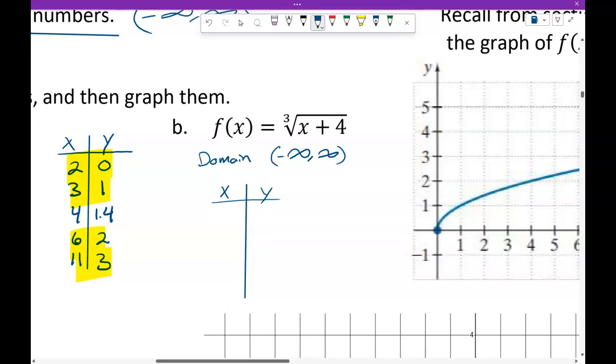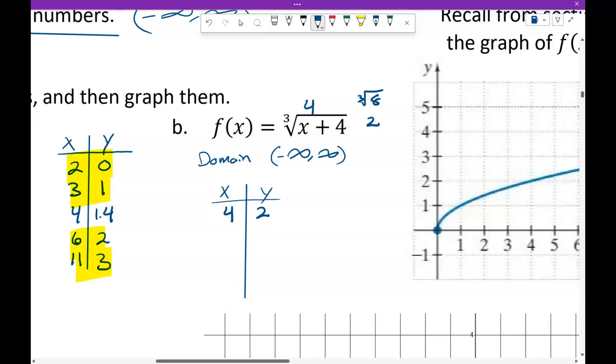Let's think about some numbers. If I use 0 for x and I add 4, I don't get a perfect cube. If I add 1 to 4, I don't get a perfect cube. 2 gives me 6, 3 gives me 7, but 4 gives me 8. So if I substitute 4, the cube root of 8 is 2.